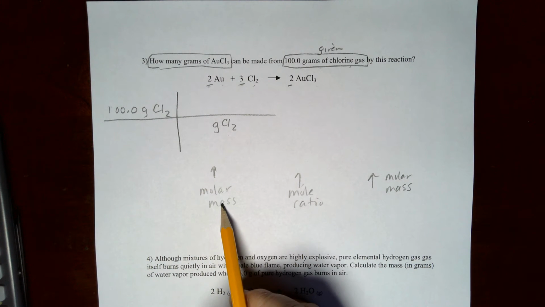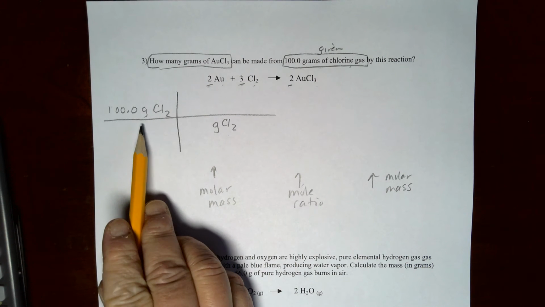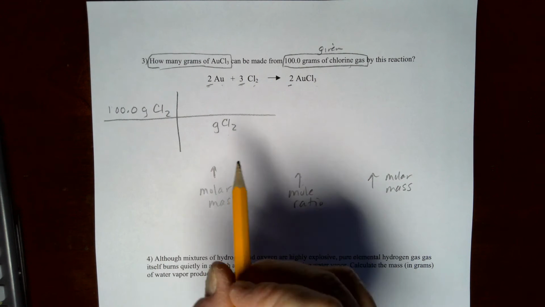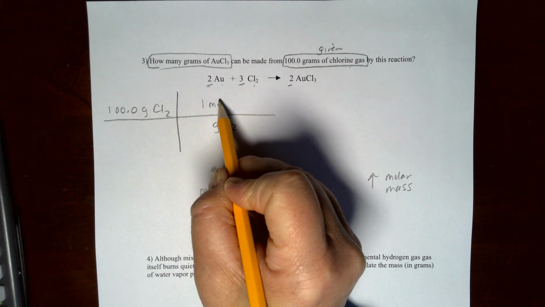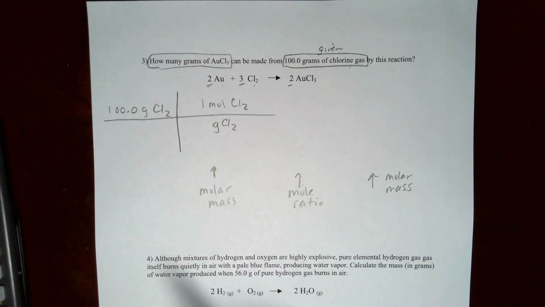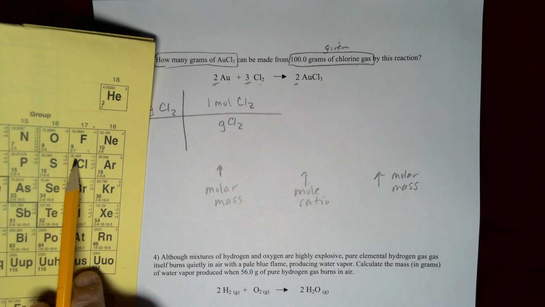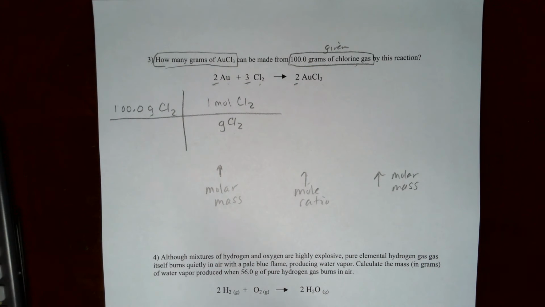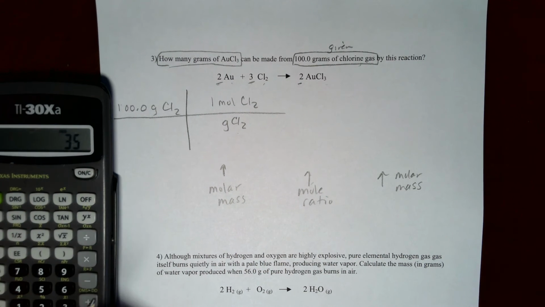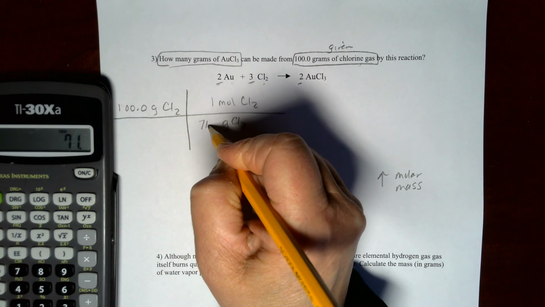So molar mass of the original substance is what we're using in this first fraction. So 1 mole of Cl2. Cl from the periodic table, rounded to the nearest tenth, is 35.5. So 35.5 times 2 is 71.0.